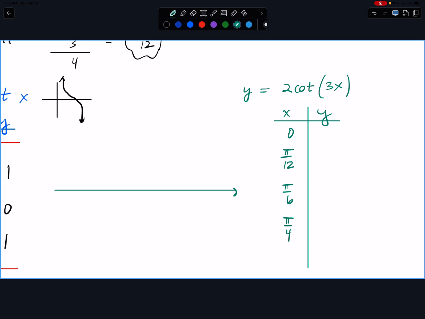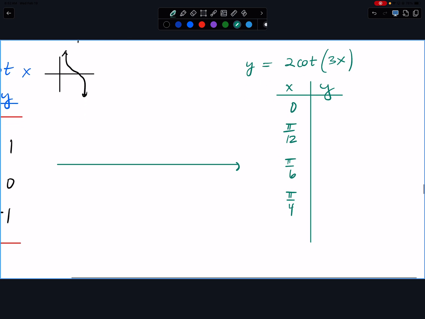If I add another one, that would be 4/12, which is the same thing as 1/3. So pi over 3. So this represents 1 period. Okay. To get the y's, what's the only thing I have to do to get the y's? Multiply by 2. Good.